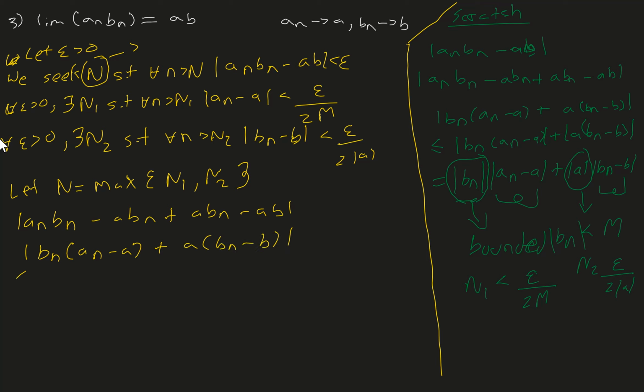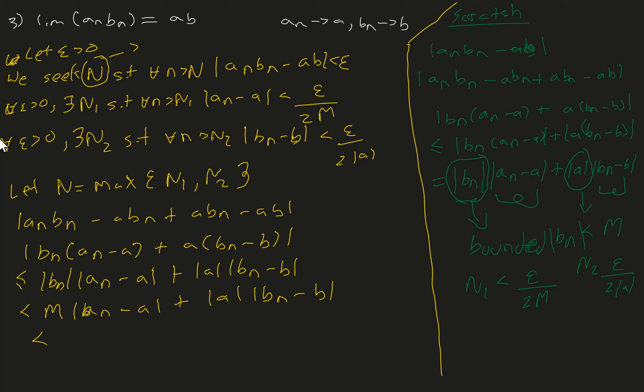And from the triangle inequality, this is less than or equal to |b_n| |a_n - a| + |a| |b_n - b|. We know b_n is bounded, so this is less than M |a_n - a|, because |b_n| is less than M, and we know this is less than M times epsilon over 2M.